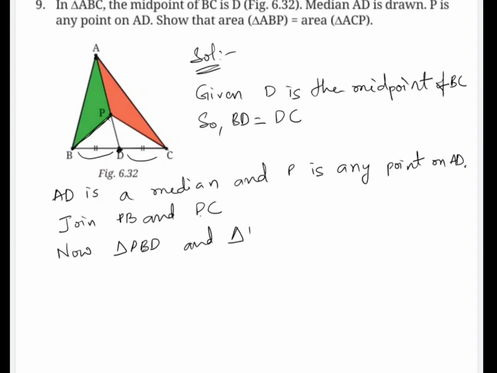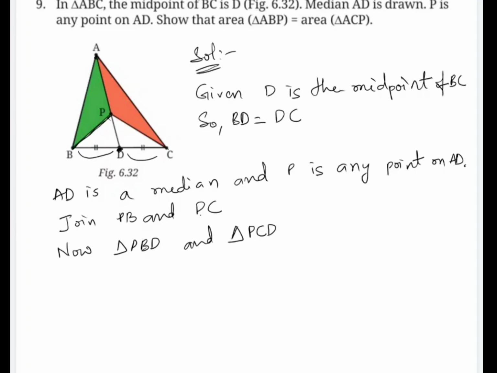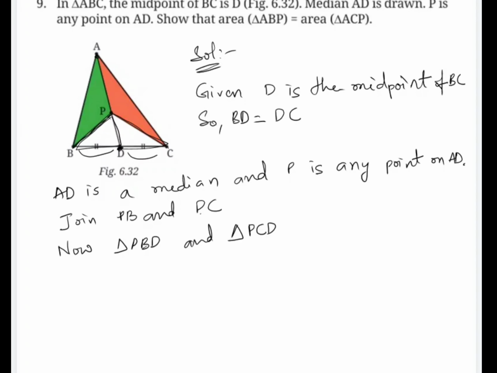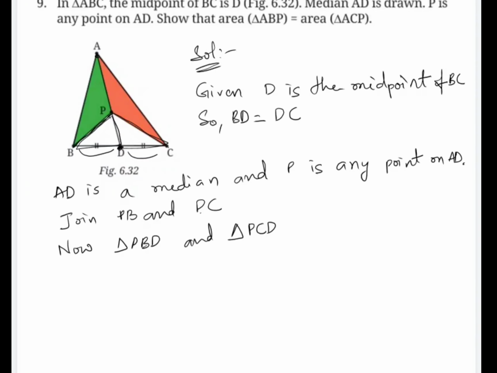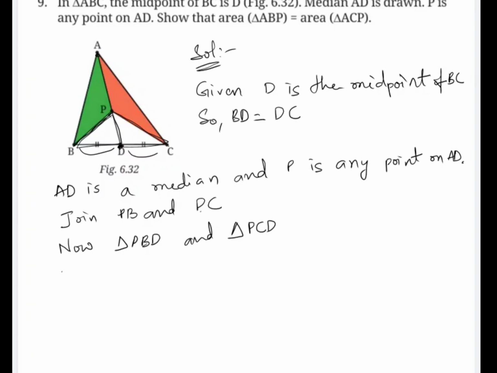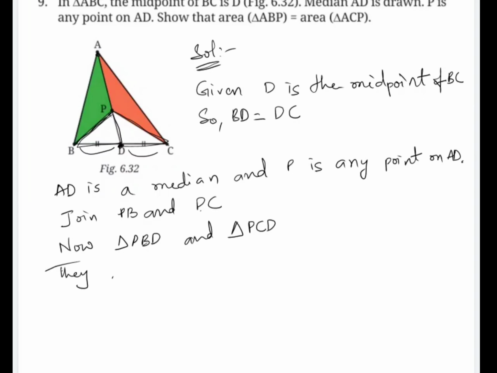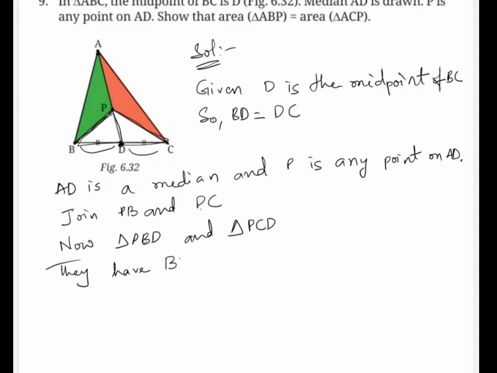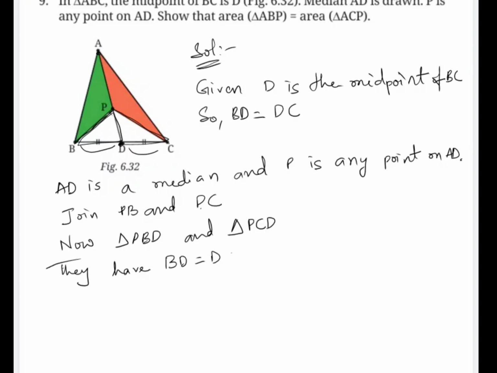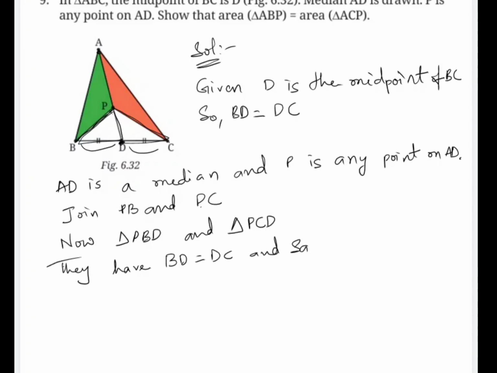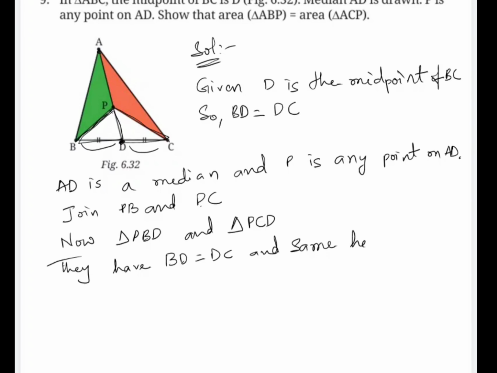and triangle PCD. So if we see these two triangles PBD and PCD, they are having the same base. Okay, what they are having, the base is same. Why? Because BD is equal to DC, and they are having same height.